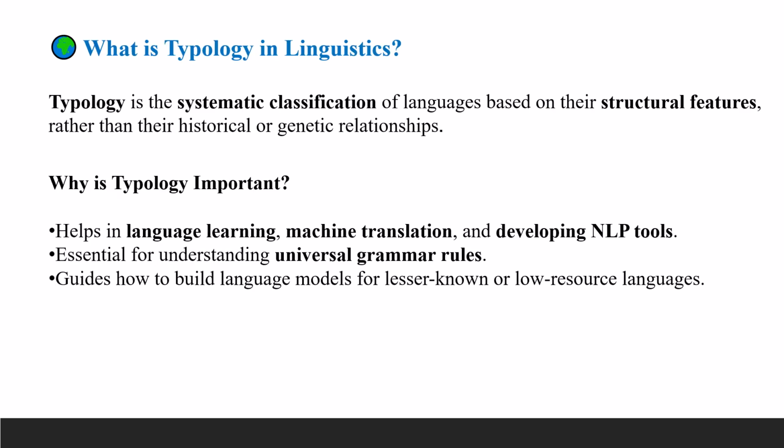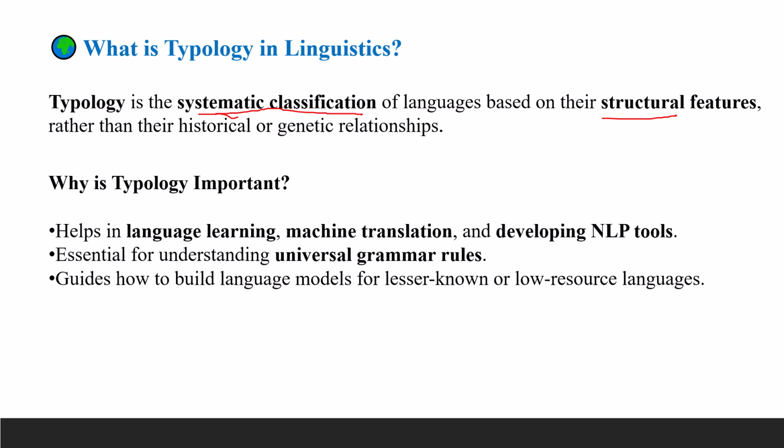Coming to the next topic, what is typology in linguistics? Typology is a classification of languages based on their structure. It is a systematic classification of languages based on their structure, because every natural language has its own different structure, right?